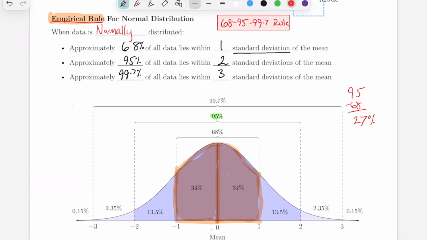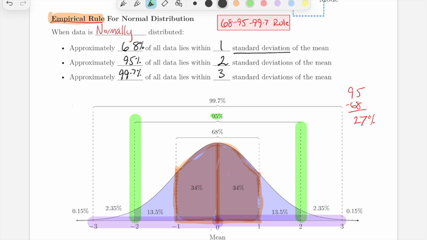Now we do the same thing when we find the last one, right? If we go out 3 standard deviations, 1, 2, 3 to the right and 1, 2, 3 to the left, well, we already know that 95% of the data is here, and we know that 99.7% of the data is there.